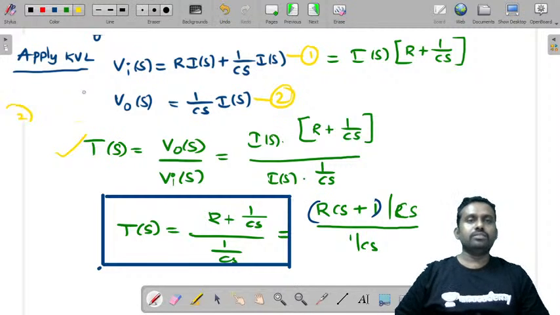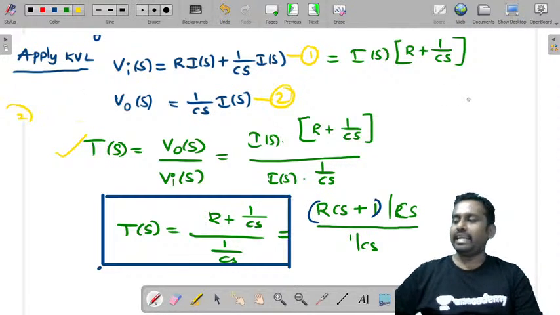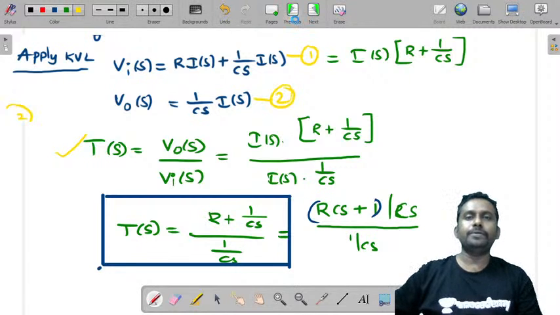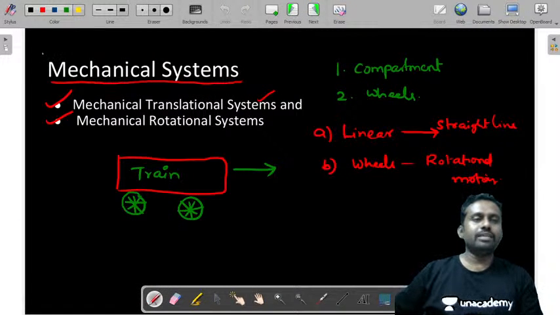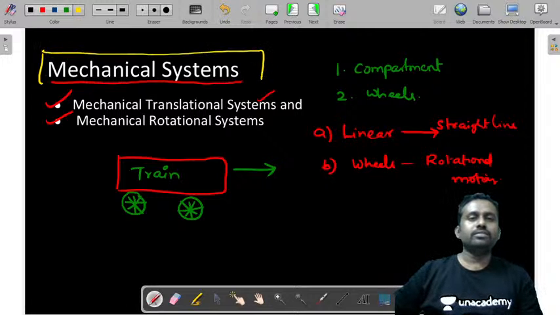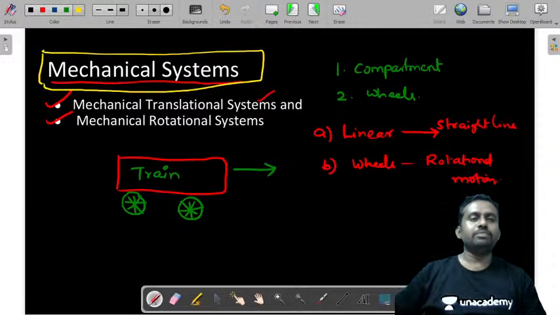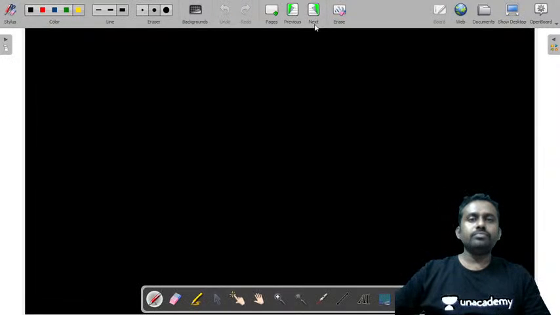So likewise, we'll also see what are the mechanical systems, as I told you. We were discussing mechanical systems. You can expect one question on mechanical systems and electrical systems also sometimes. So I'll tell you what are the different mechanical translational and rotational systems and the basic equations corresponding to them.